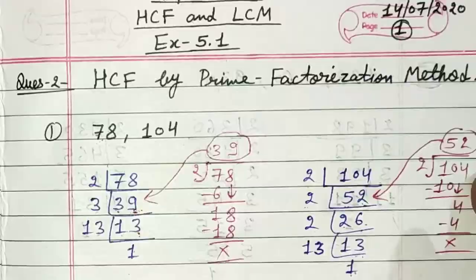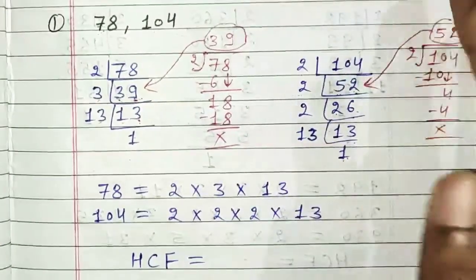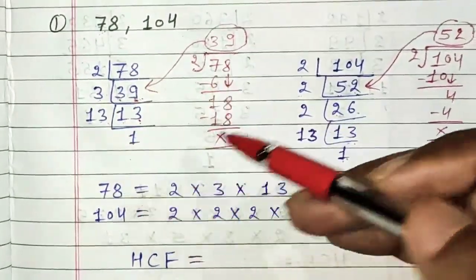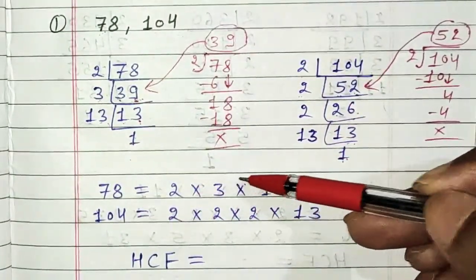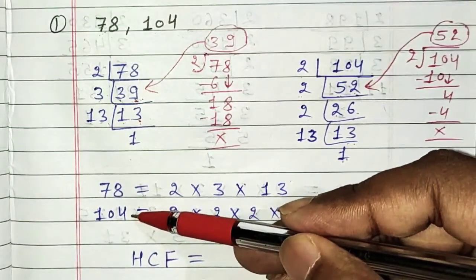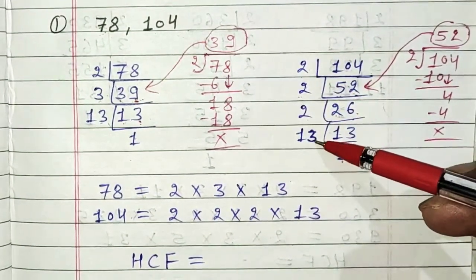Now write all the factors, like 78 is equal to 2 into 3 into 13. In the same manner, the factors of 104 will be 2 into 2 into 2 into 13.